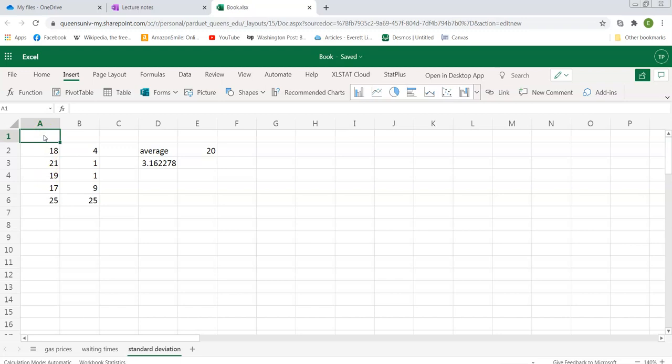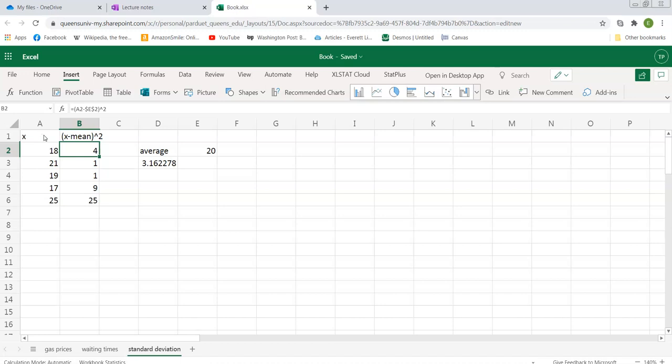We're going to be in the habit of always labeling things. So if that's x, this is x minus the mean squared. I've not found a good way of putting those symbols in here, but I want you to use correct symbols wherever you possibly can.